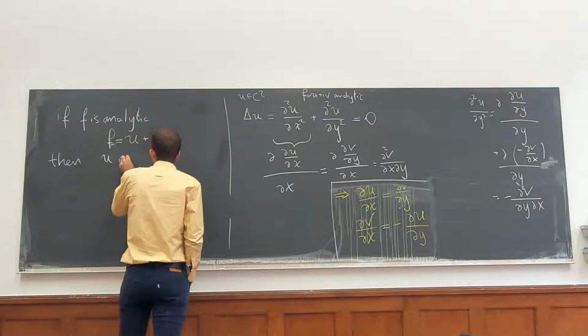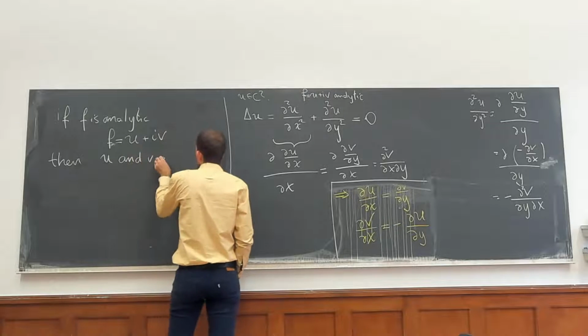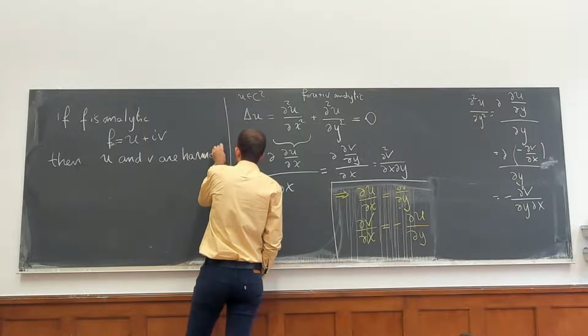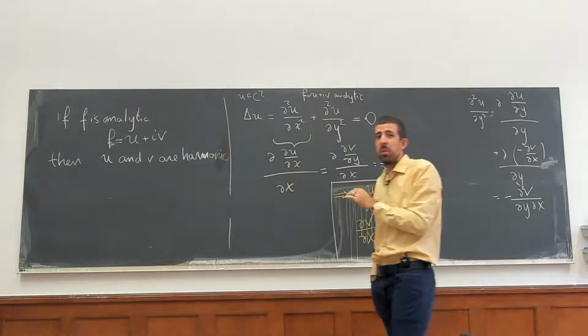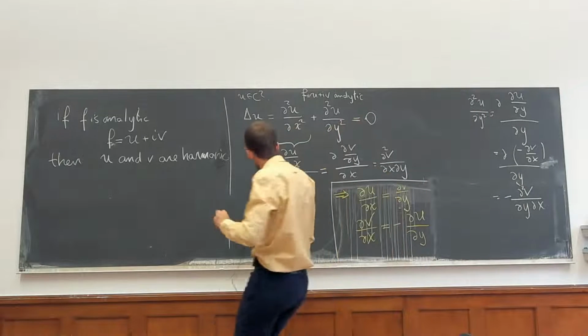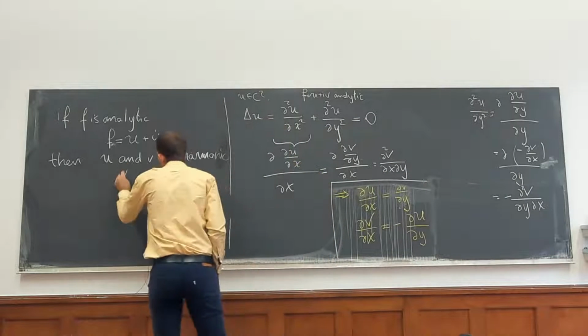Then u and v are harmonic. We haven't quite proven this because we haven't proven that I can take second derivatives, but it will be true.